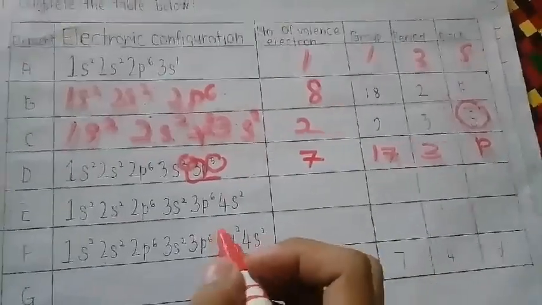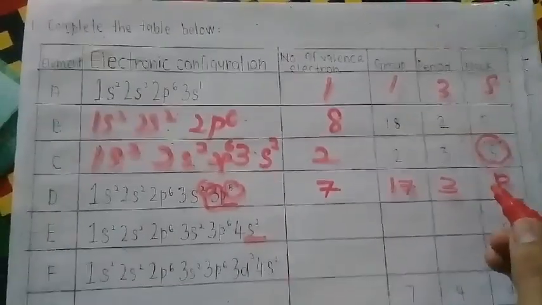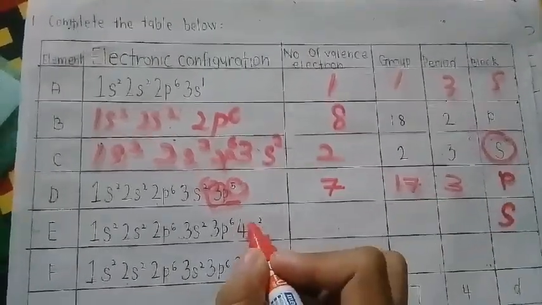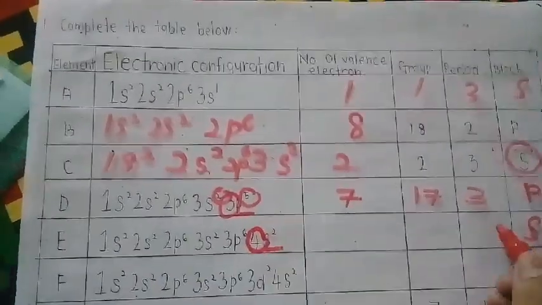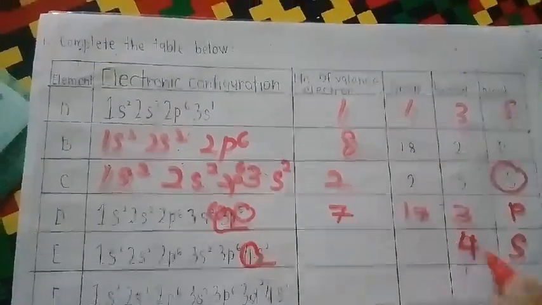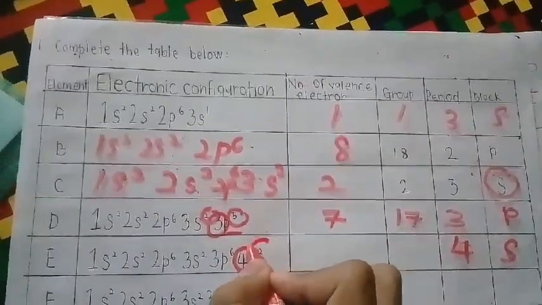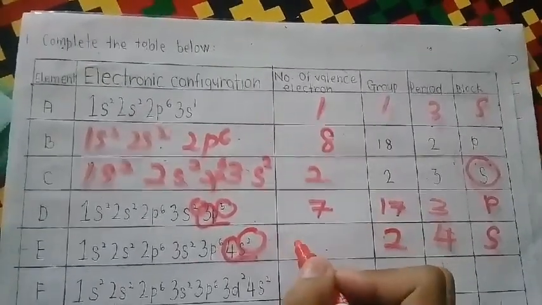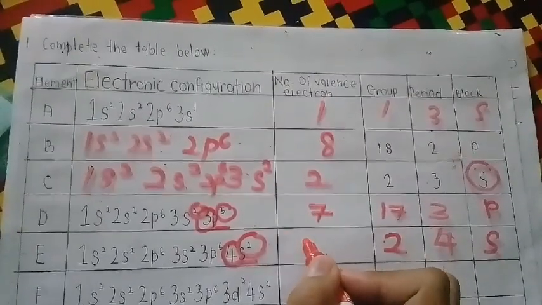For element E, the block is S block, and the period is period 4, so we write 4, and the group is group 2, so we write 2, and also number of valence electron is 2.